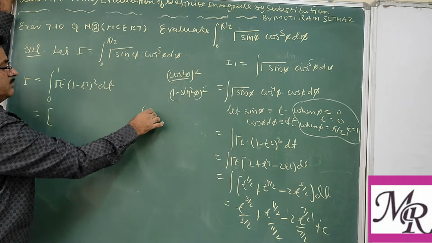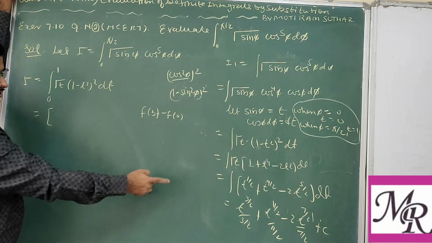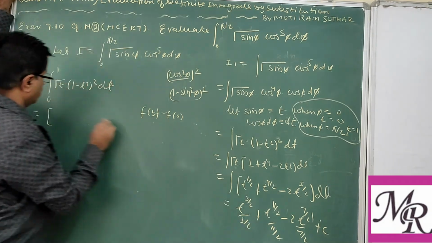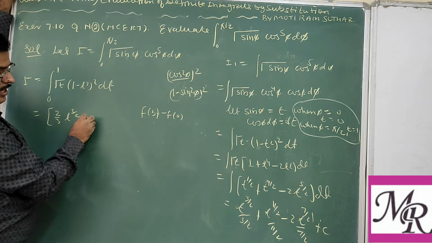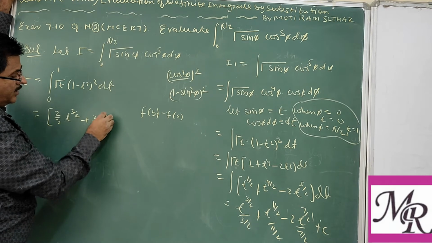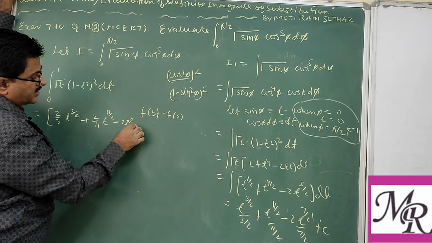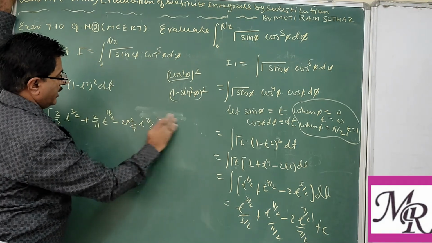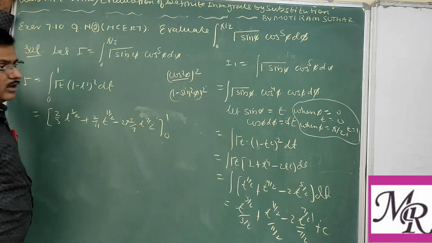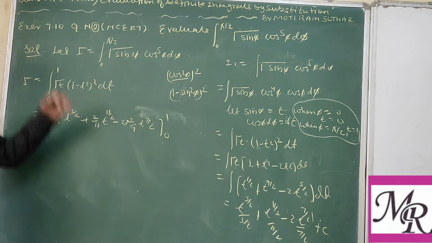So using f(b) minus f(a): t power 3/2 upon 3/2, that can be written as 2/3 t power 3/2, plus 2/11 into t power 11/2, minus 2 into 2/7 into t power 7/2, with limits 0 to 1. Now we are using f(b) minus f(a), upper limit minus lower limit, and you get the answer.